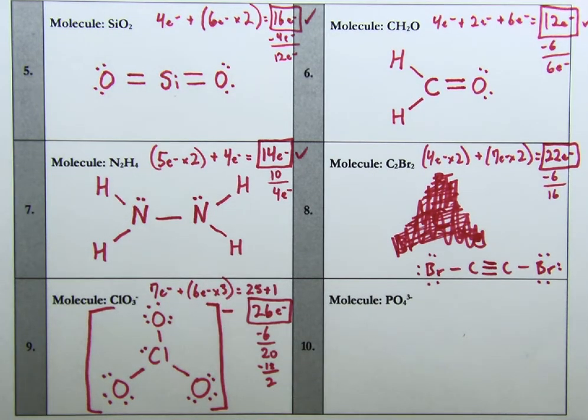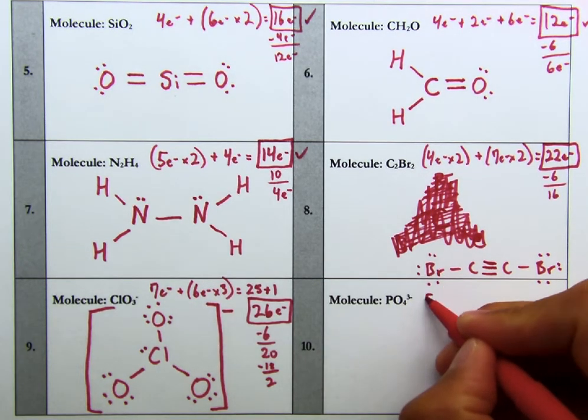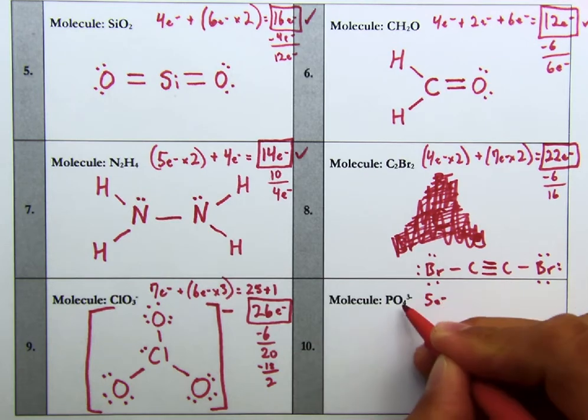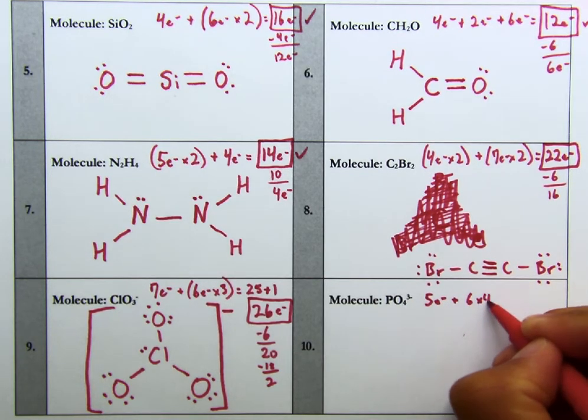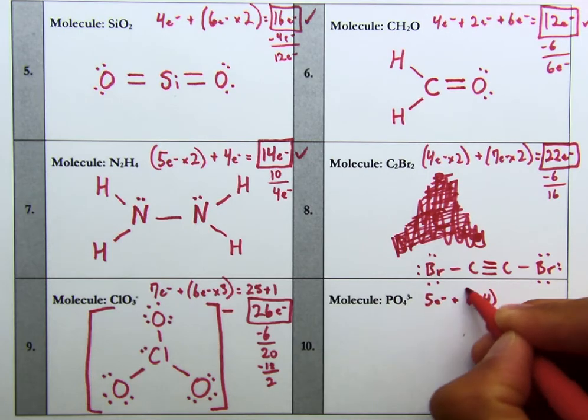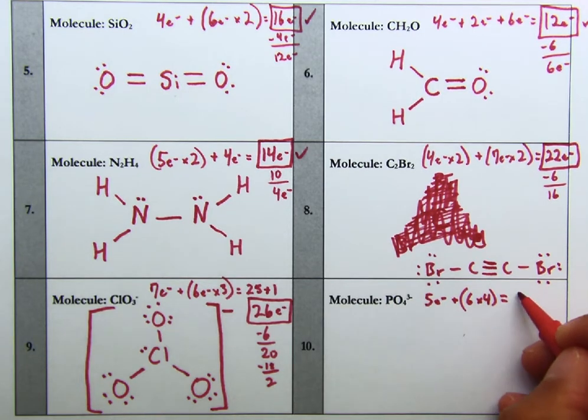So let's do sort of the same thing on the next problem. P has 5 valence electrons. Oxygen has 6. 6 times 4 is 24. So if we just did P plus our 4 oxygens, that would give you 29 electrons.